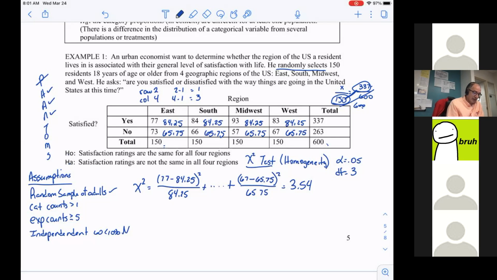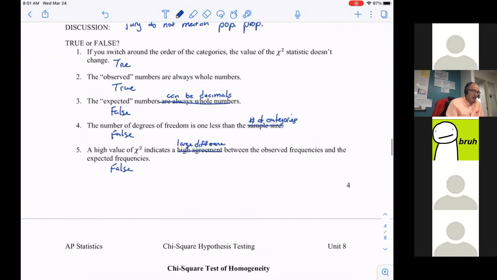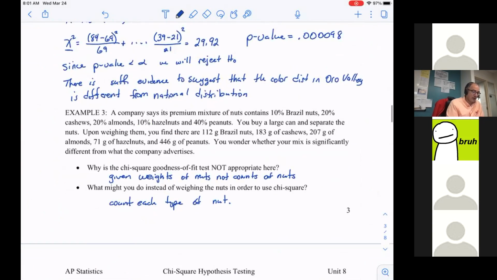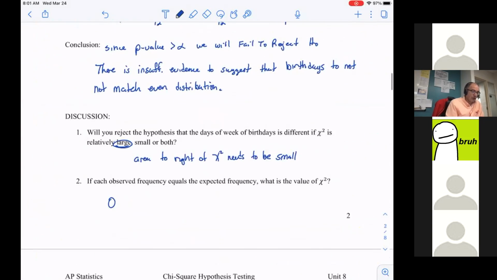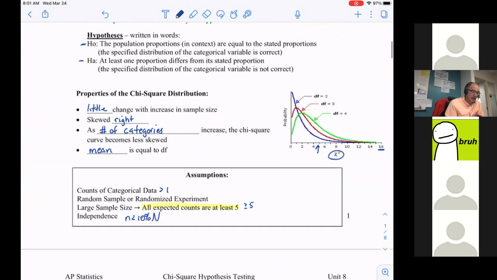Okay. So the last thing we need is a p-value to go with 3.54. Just so we're understanding what we're talking about, we have 3 degrees of freedom and 3.54. So let's come back up here to that curve. Where are you, curve? Okay.